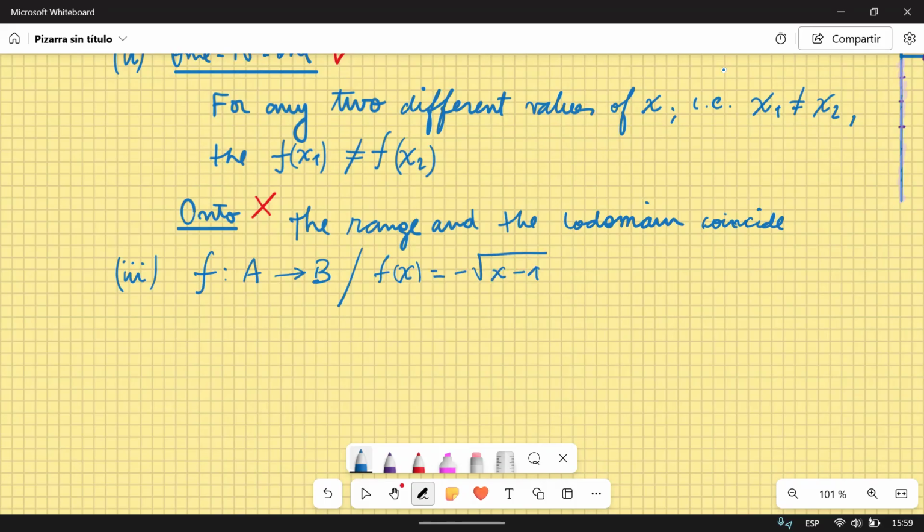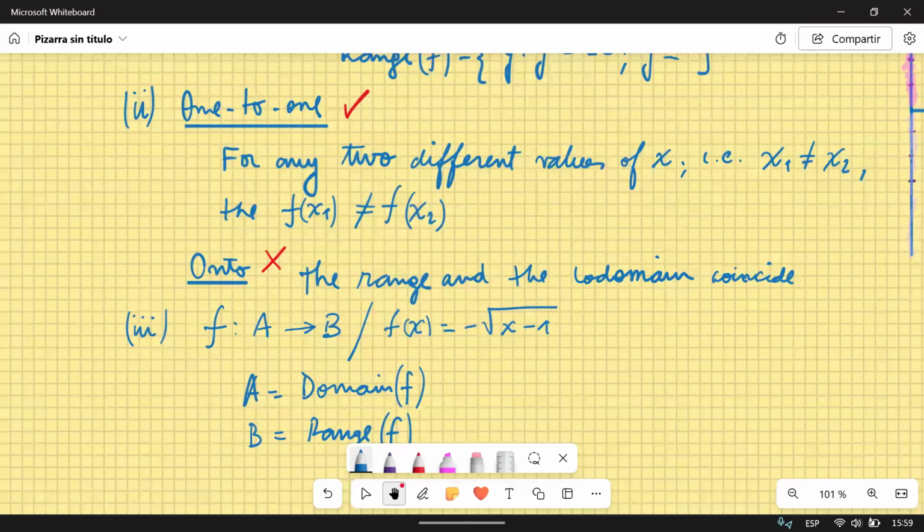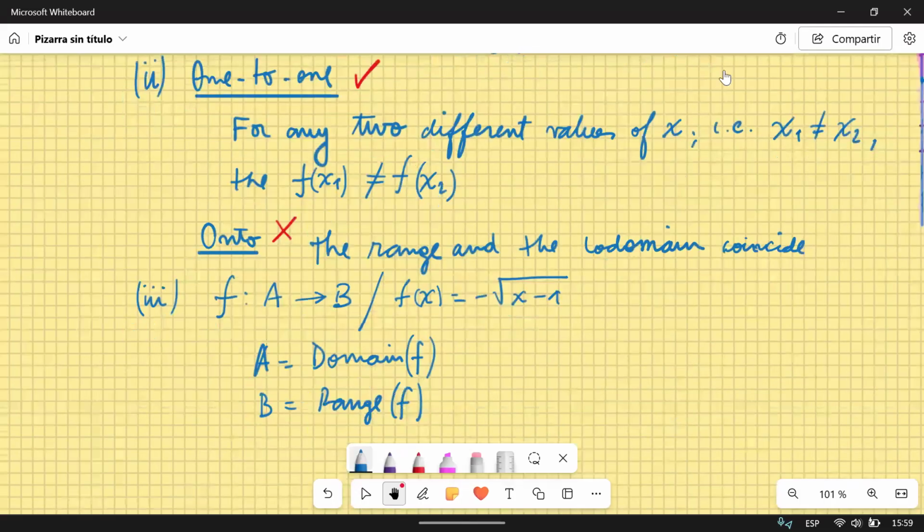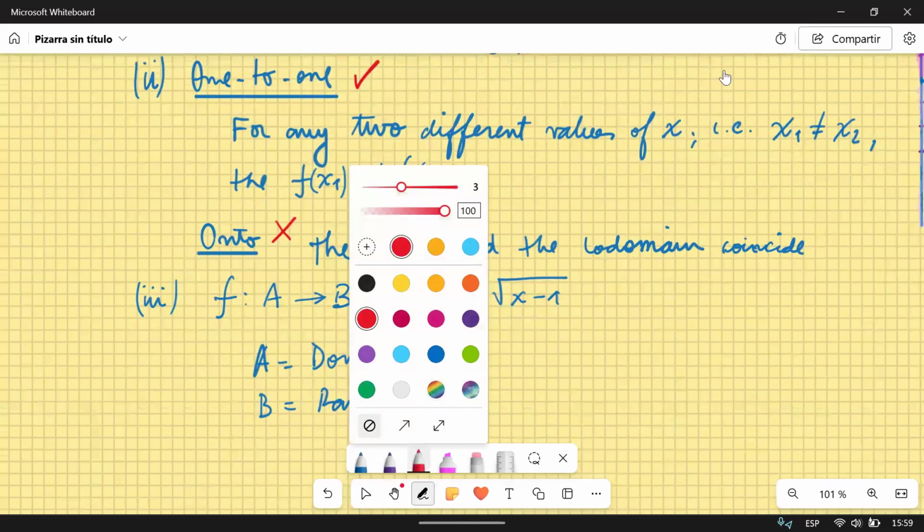But A, that is the domain, is still the same. A is the domain of f that we have already found, and B will be a new set. B will be the range of f.